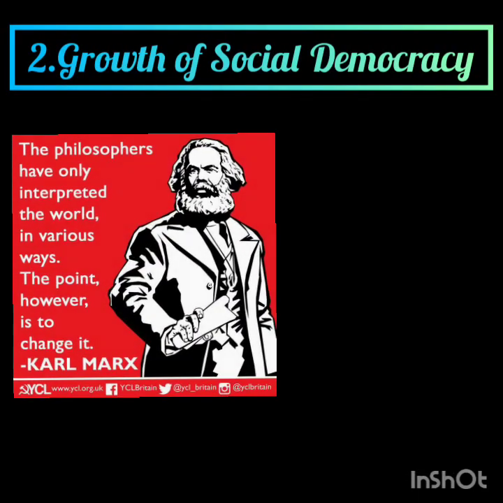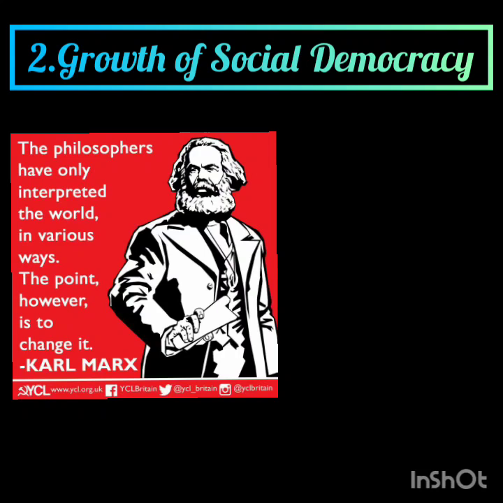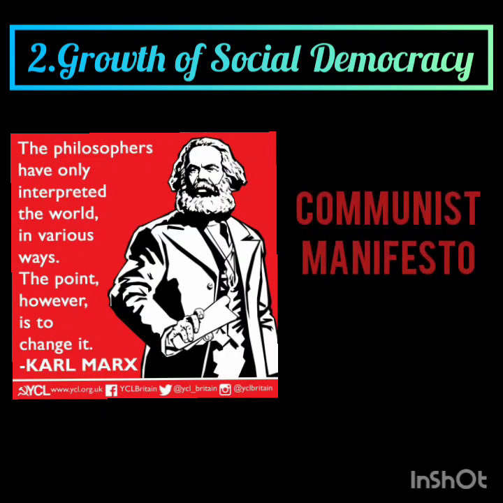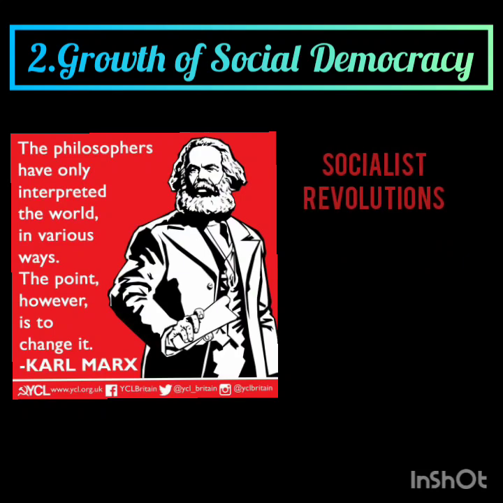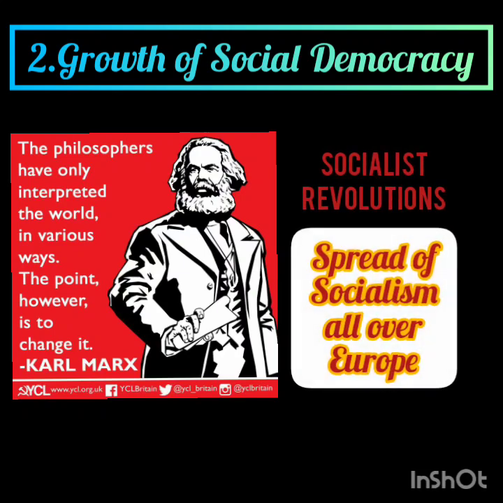Now let us see how social democracy was introduced to Germany. With the publication of Karl Marx's Communist Manifesto, several revolutions inspired by scientific socialism occurred in different countries of Europe, and socialism was spread to different countries. However, among the thinkers of socialism, there were different views.